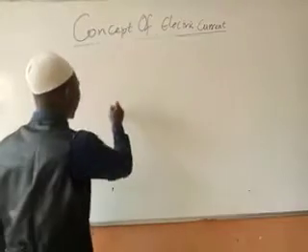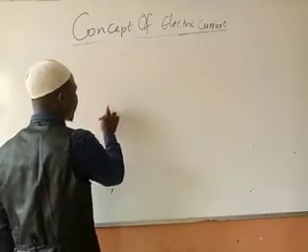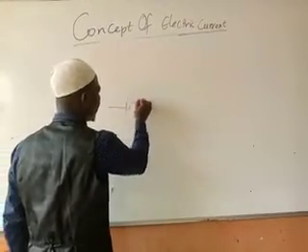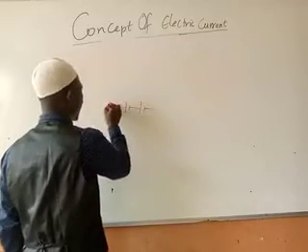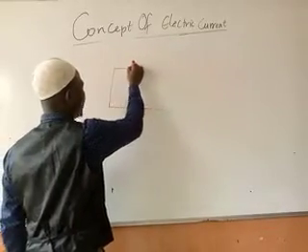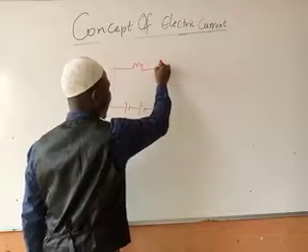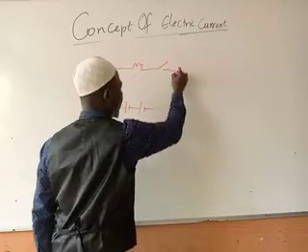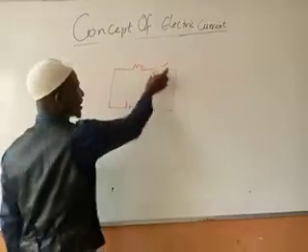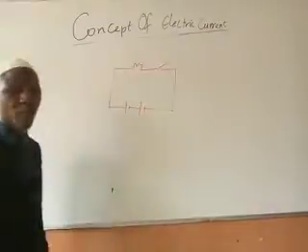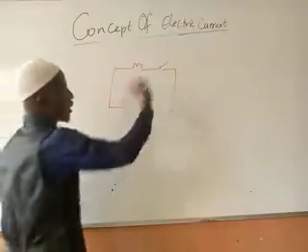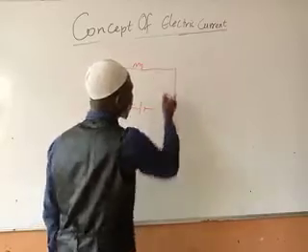For open one, it means if I have my battery like this, then I have bulb like this, and I have key. If this key is open like this, we call it open circuit. But if I close it, it becomes closed circuit.